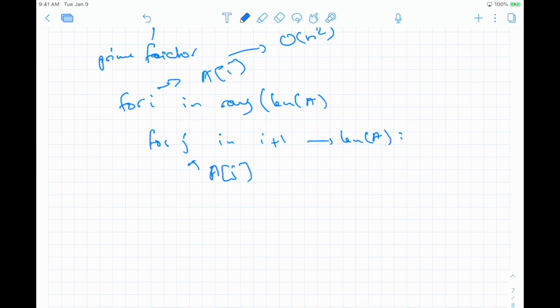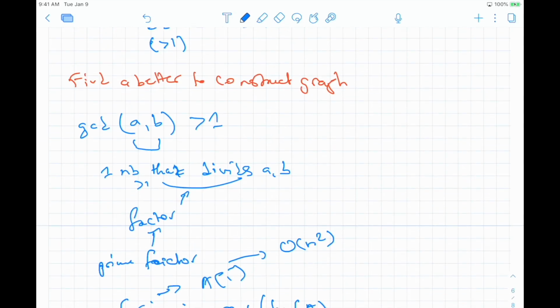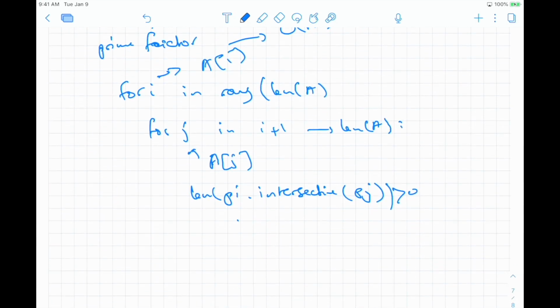So basically we get the prime factors of position I and prime factors of position J, and do the intersection. Okay, now if the intersection's length is bigger than 0, then that means there is a greatest common divisor that is bigger than 1, because they share a factor, right? And so if this is the case, then we can immediately create an edge between I and J.